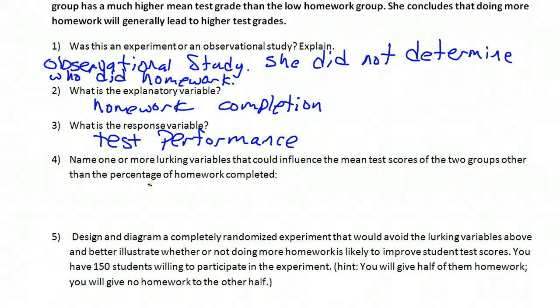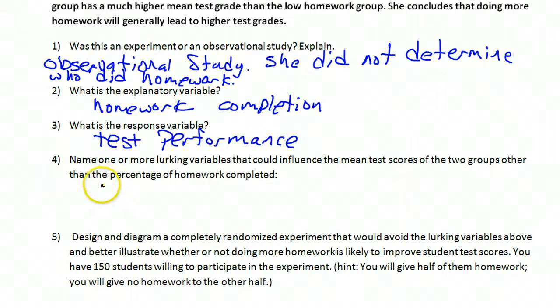And in fact, sometimes ask yourself this: all these kids that didn't do their homework, why didn't they do their homework? Whatever is causing them not to do their homework might also be affecting their test scores. Okay, that might be the real reason for their test scores.